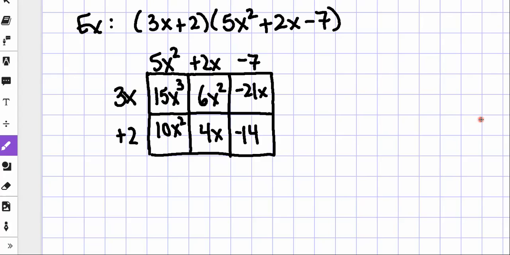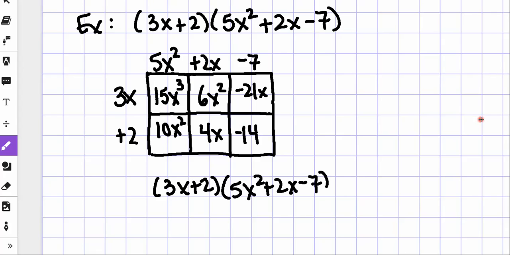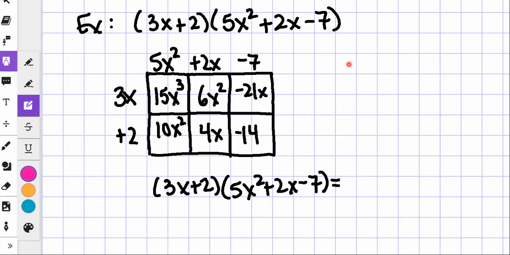And then my answer, I'm going to have a 3x plus 2 times a 5x squared plus 2x minus 7. That's my area as product. And then my area as sum is going to be all of the like things here. So let me just highlight the ones that are like. This is my only x cubed. These are both x squareds.